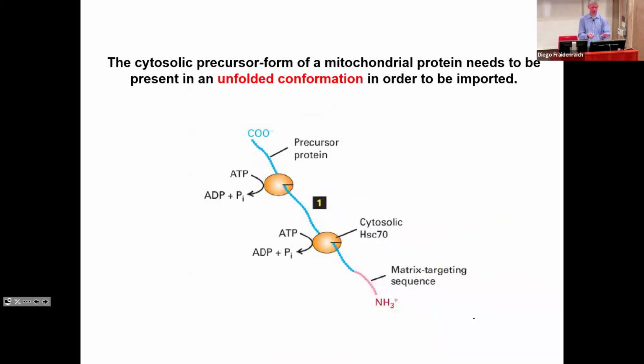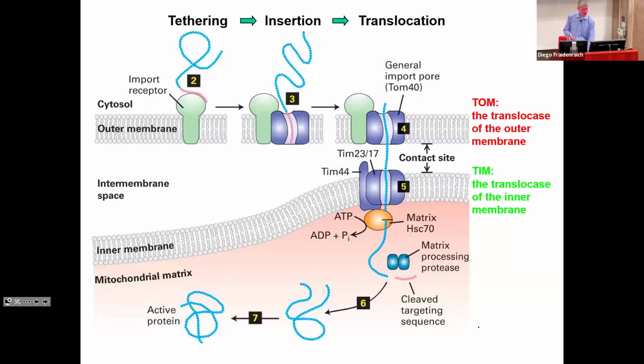So again, this first part uses heat shock proteins, so that the proteins are first unfolded in the cytosol, also using ATP, and need to be in an unfolded conformation before import.